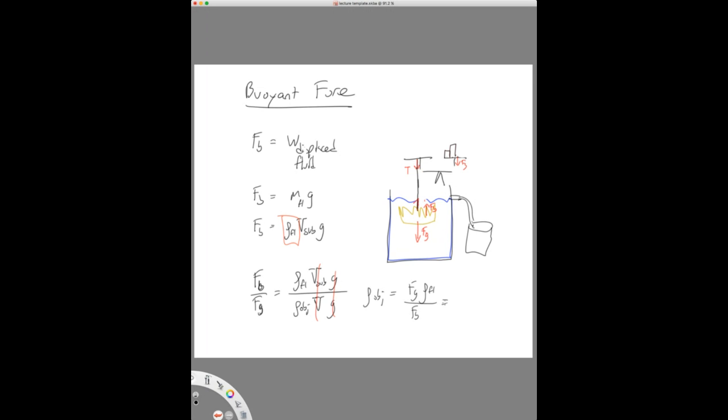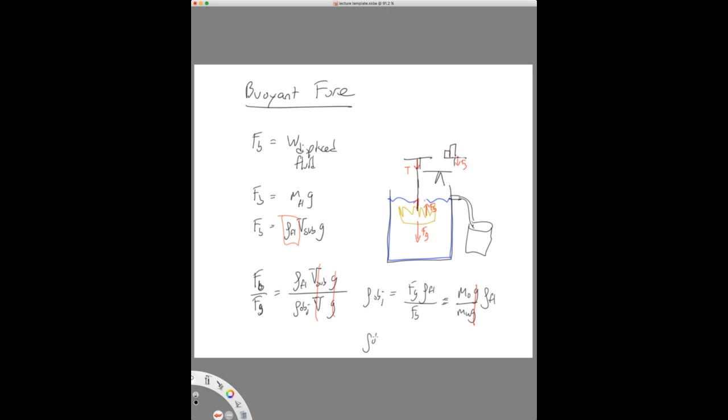And ultimately, the force of gravity would be, let's just say, the mass of the object times g, and the buoyant force is the mass of the water times g. And at the end of the day, the g's cancel out.